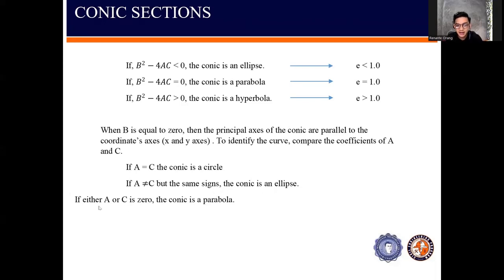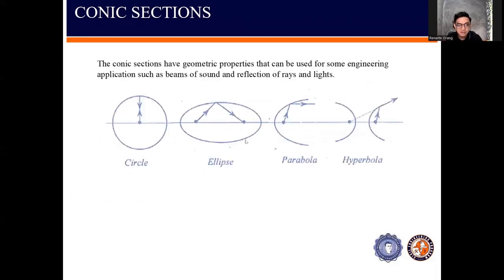If either a or c is 0, the conic is a parabola. So that is how we determine if it is an ellipse, parabola, hyperbola, or a circle. Okay? So the conic sections have geometric properties that can be used for some engineering applications such as beams of sound and reflection of ray and light.